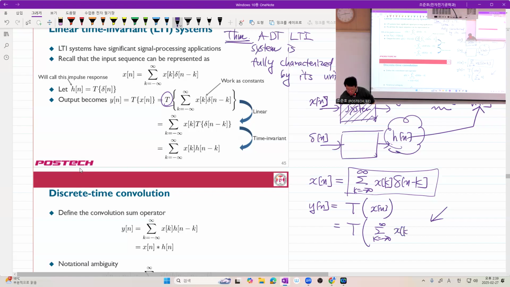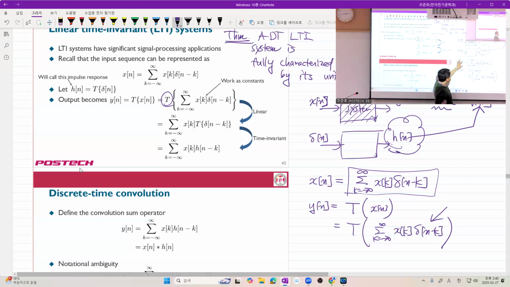Anyway, so we have x[k] delta[n minus k]. Okay, so far it's okay, as long as you know how to approach. Got it? So this way of representing the signal is the key.